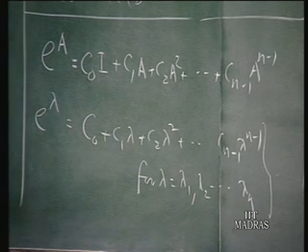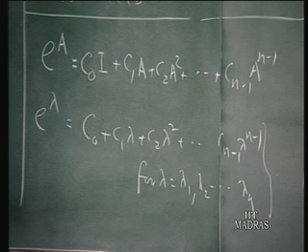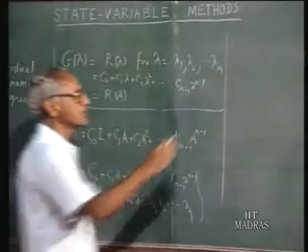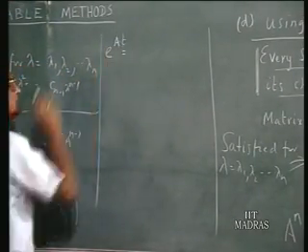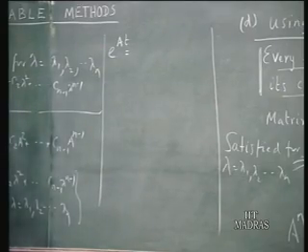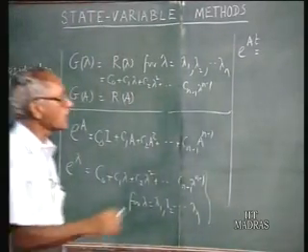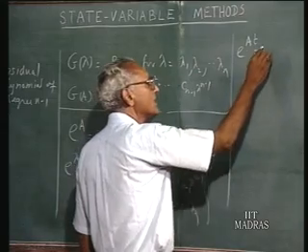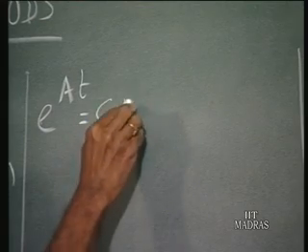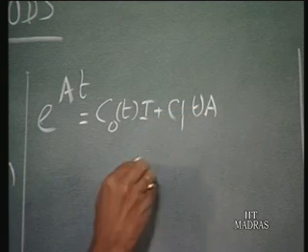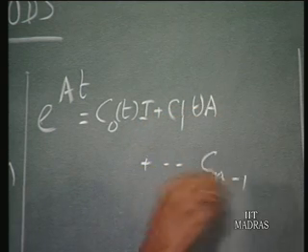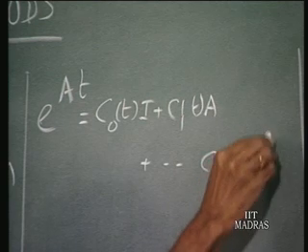What we have done is for e to the power of A and e to the power of lambda, but in our system transition matrix we have e to the power of At. So the only difference is if you have e to the power of At, the matrix polynomial that we have to take into account is C0(t) I plus C1(t) A down the line to C(n minus 1) as a function of t times A to the n minus 1.